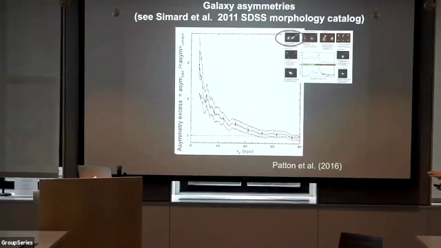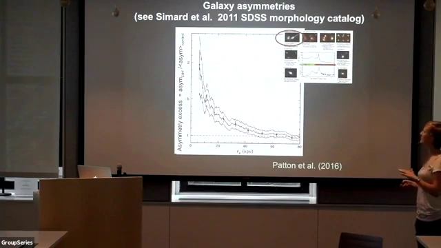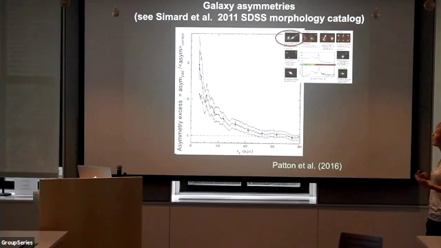So we've measured the asymmetries of the pairs sample in a computational, quantitative way, using a code called GIM2D, which was developed by Luc Simard, and Luc has this morphology catalog which he published back in 2011 with a number of different morphology metrics, including an asymmetry measure.